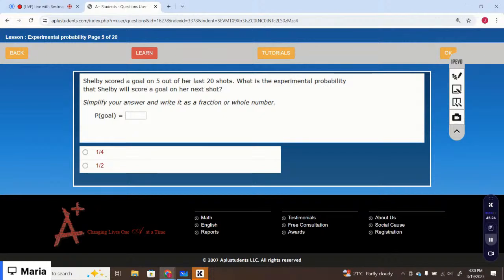Shelby scored a goal in 5 out of her last 20 shots. What is the experimental probability that Shelby will score a goal on her next shot?